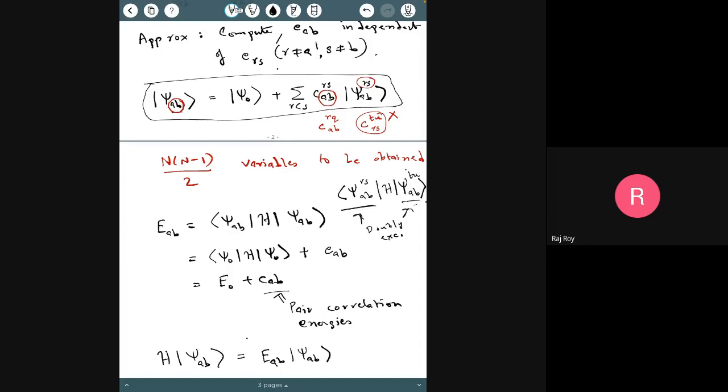So this matrix element appears in the CI equation. But in the independent electron pair approximation, you would not consider this.